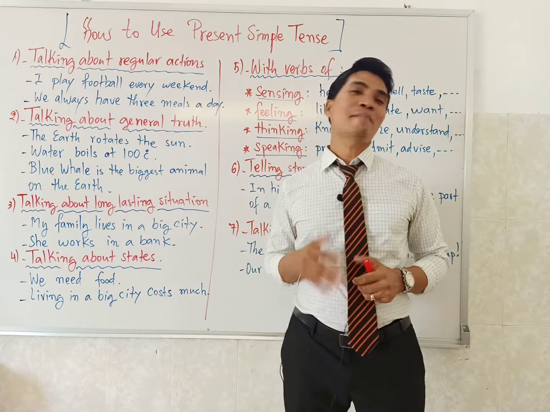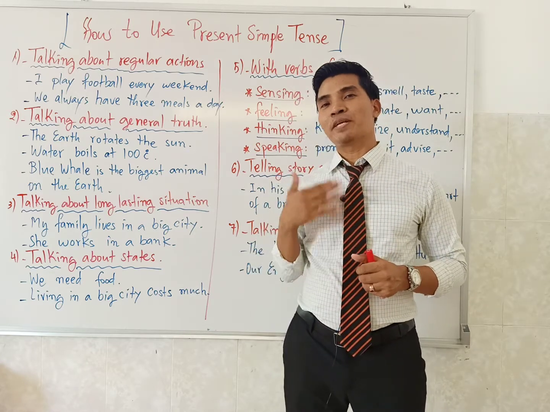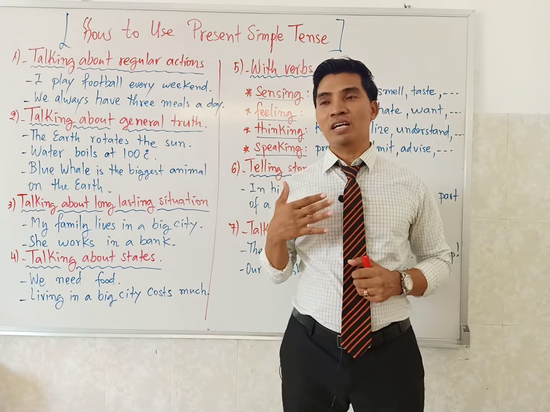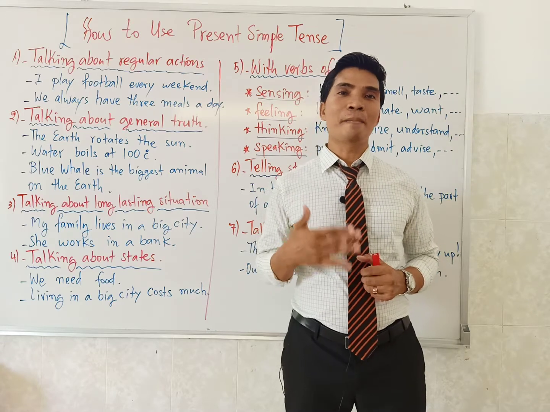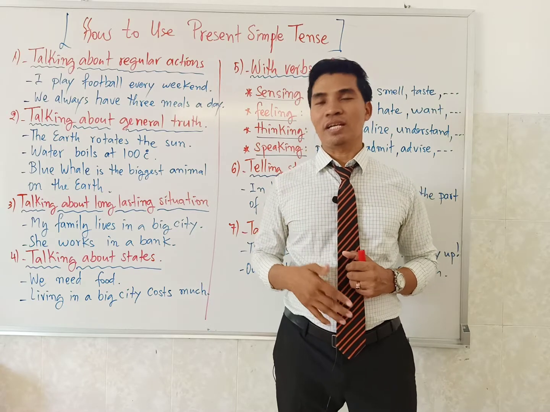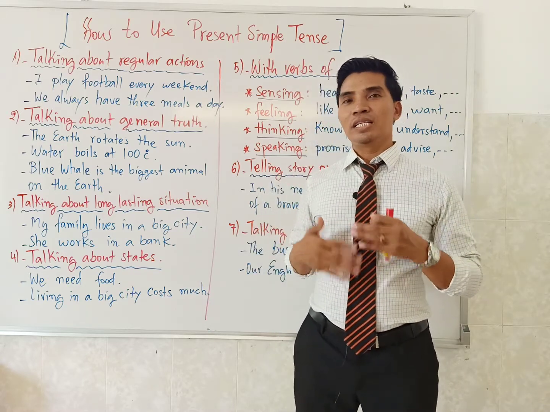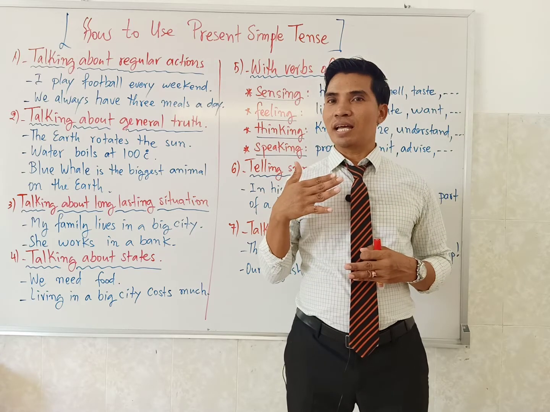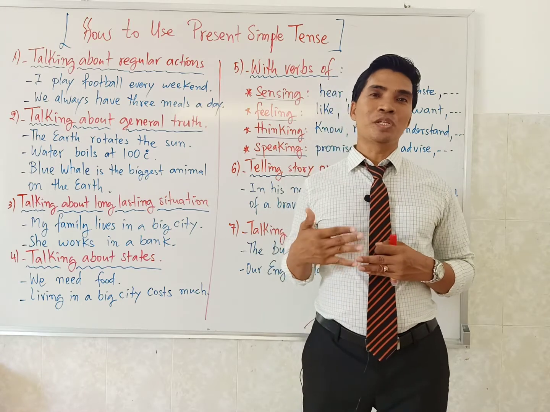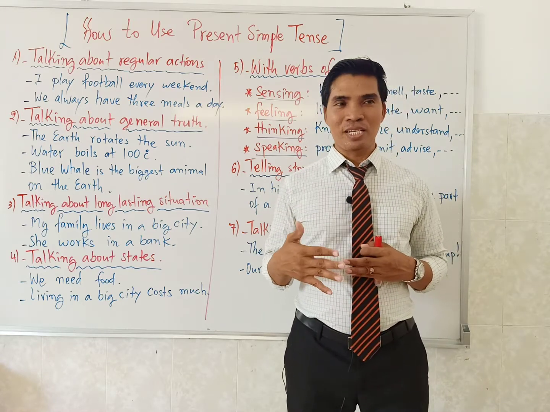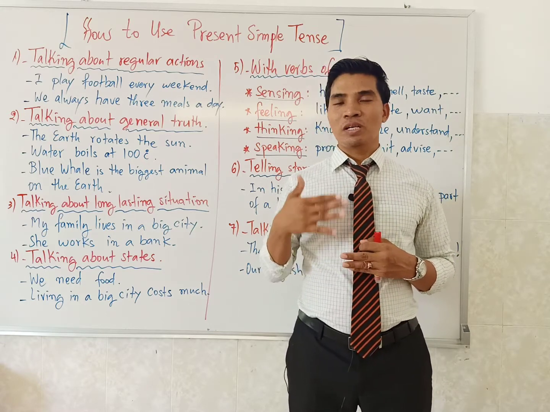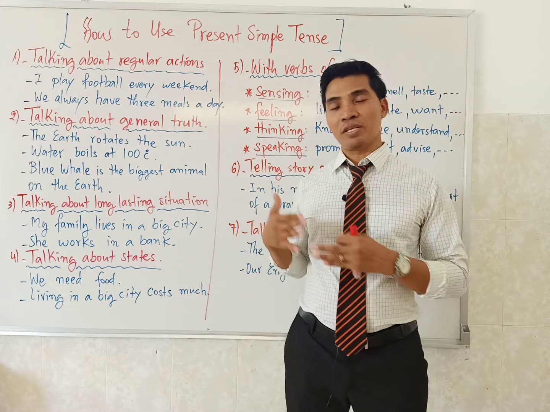Today's lesson, I am going to teach you how to use the present simple tense. Okay, so before I start the lesson, I would like to give a very short review about the previous lesson, how to form the present simple tense. In the present simple tense, we add s, es, or ies to the verb when we use it with the third person singular he, she, it, and with the subject pronouns I, we, you, they, we use the verb in the base form, that is in positive form.